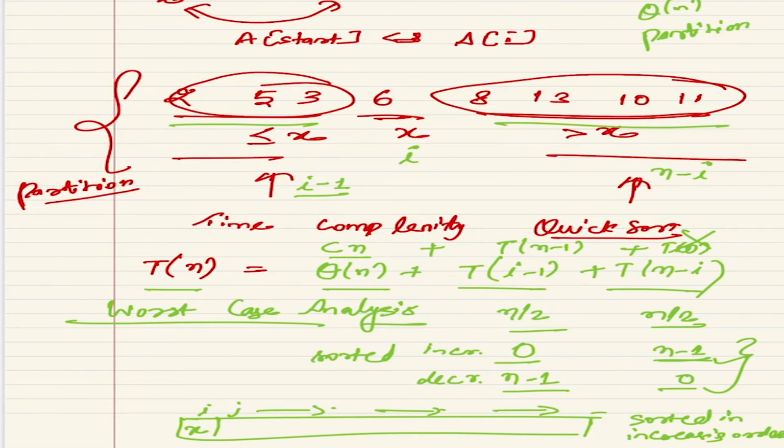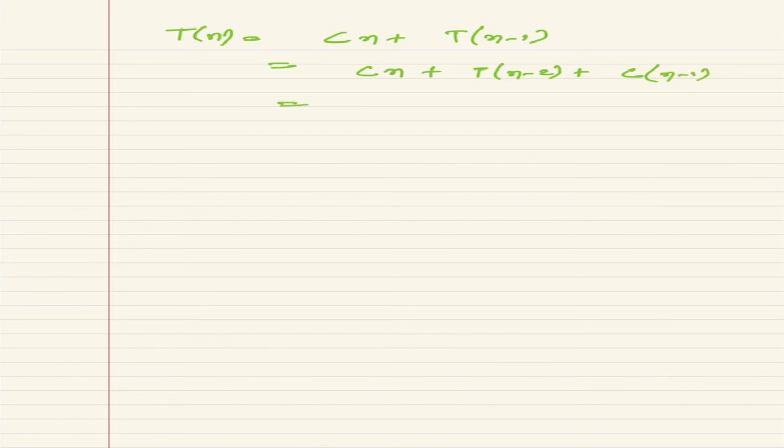Now let's see. Tn is Cn plus T of n minus 1. Continue: T of n minus 2 plus C of n minus 1. So it becomes Cn plus C of n minus 1, plus you again subtract 1, T of n minus 3 plus C of n minus 2, and you keep on doing that.